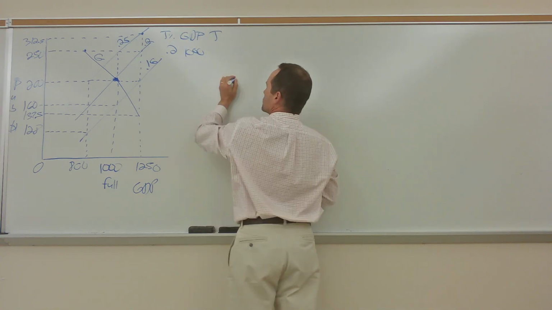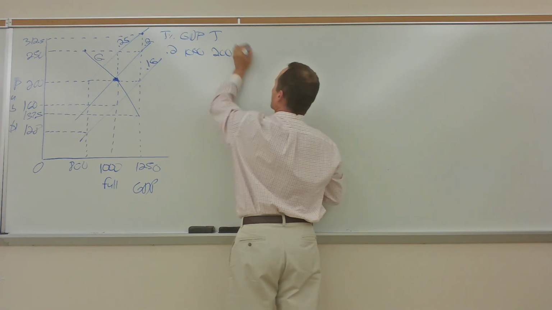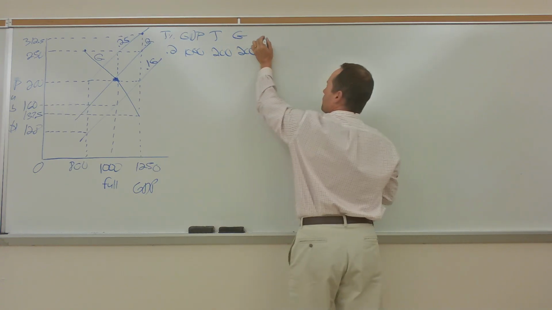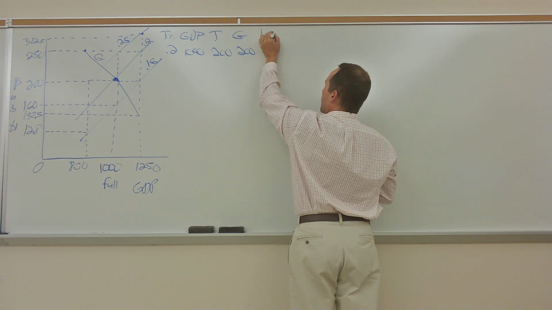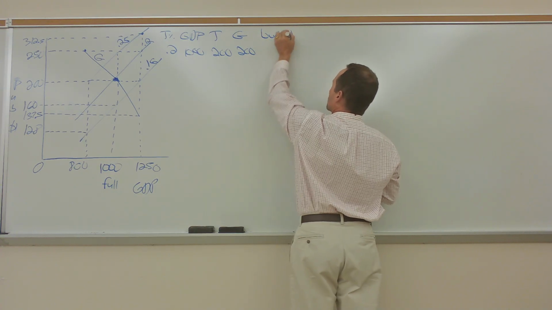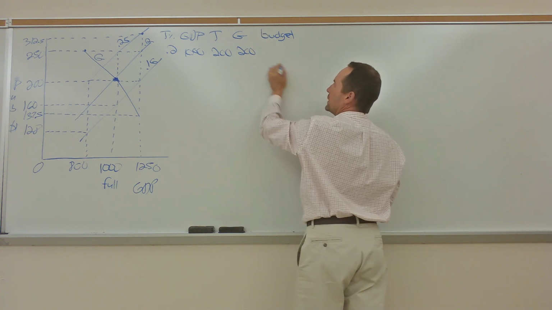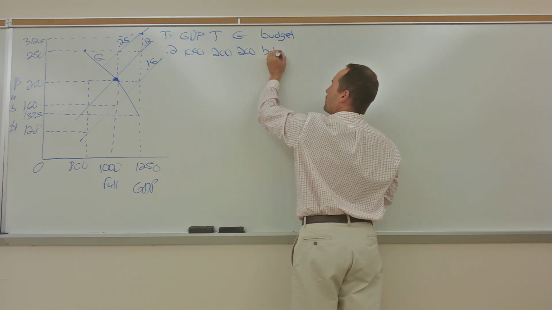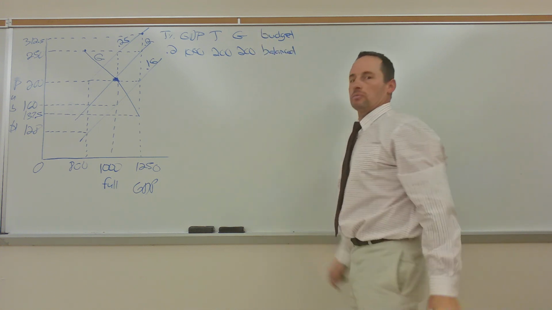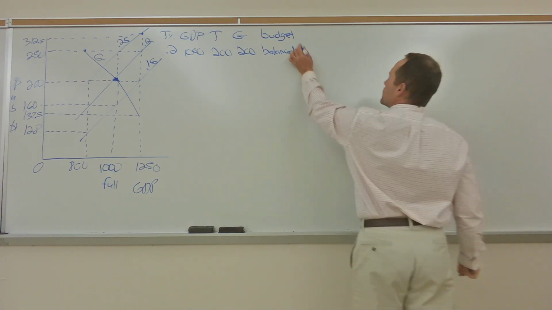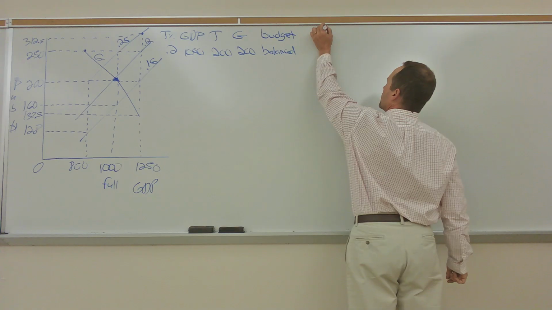Tax revenues, 200. Government spending, also 200. Our budget result. What about our budget? Our budget is going to be in balance. Our budget's going to be balanced. There we go. Where does this balance come from? Well, first we have a structural component.